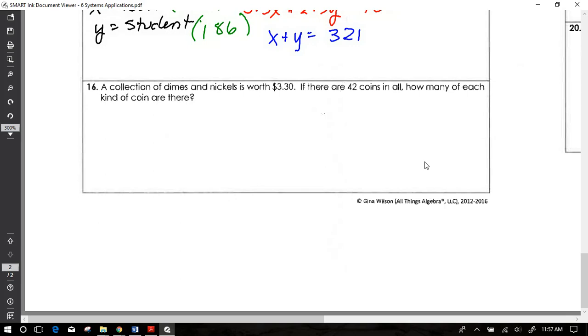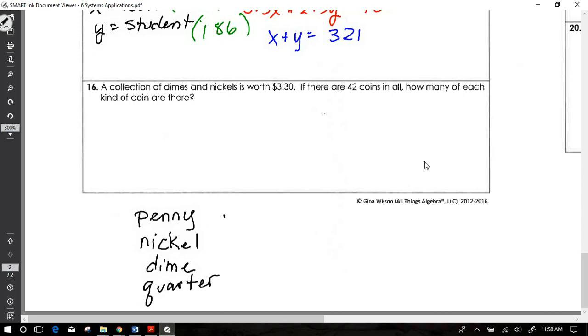So I'm actually going to scroll down. All right. And these are going to be my notes for this. I did mention this last semester, but we do need to point it out again, that you are expected to know the value of a penny, a nickel, a dime, and a quarter.